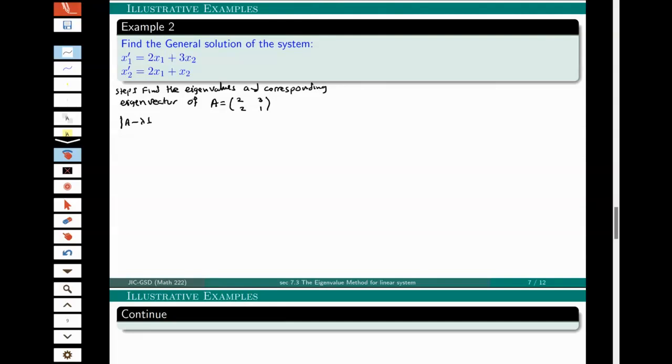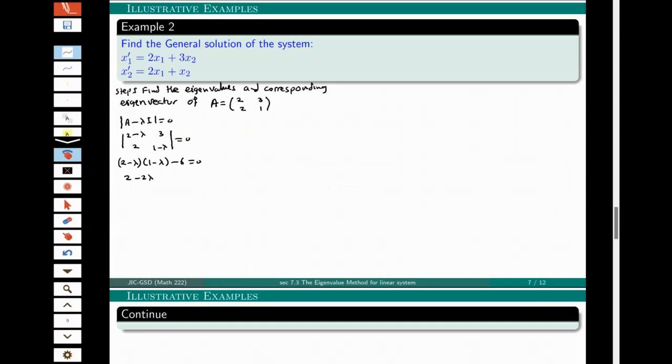So we are going to solve determinant of A minus lambda I equal to 0. That is 2 minus lambda, 3, 2 and 1 minus lambda, and that will be equal to 0. So I will have 2 minus lambda times 1 minus lambda minus 6 equal to 0.